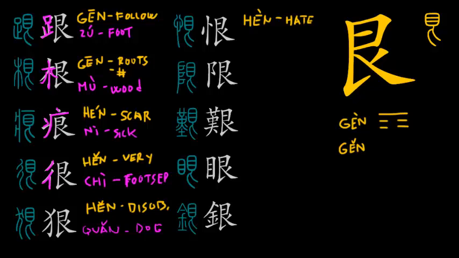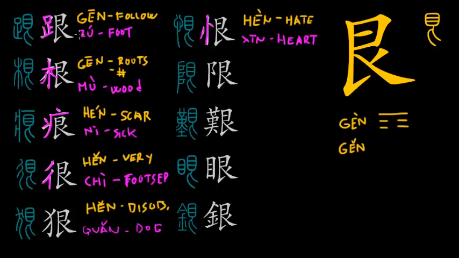And the semantic element in it is this over here, which is pronounced xin, and it's a heart. And if you've watched my previous videos, or maybe you know this from elsewhere, if you have this semantic element in characters, it usually points to meanings that have something to do with emotions, or characters that are of abstract meaning.